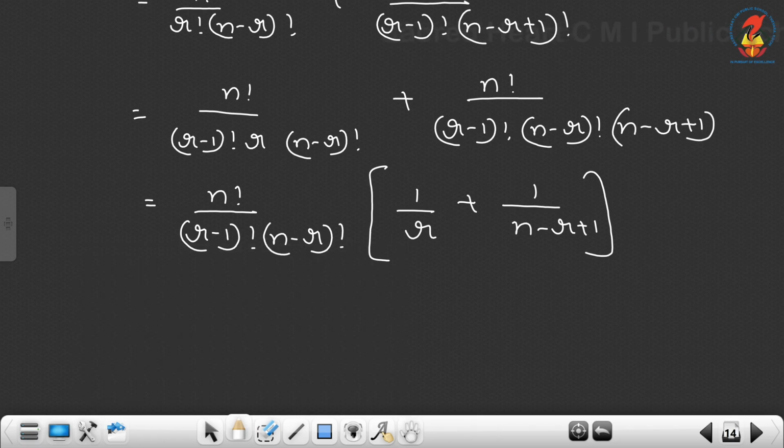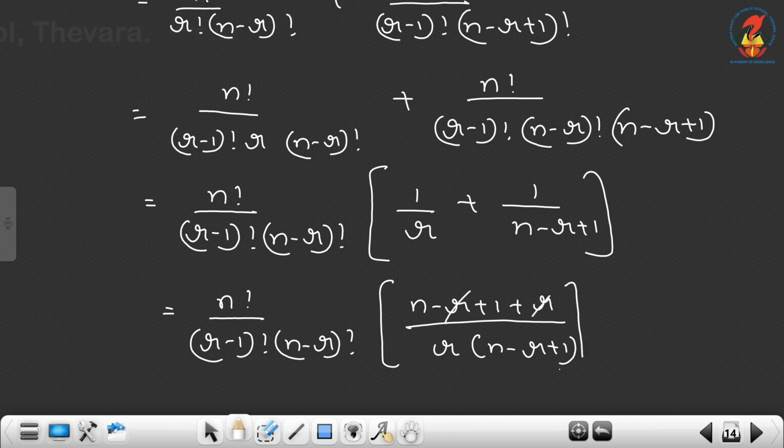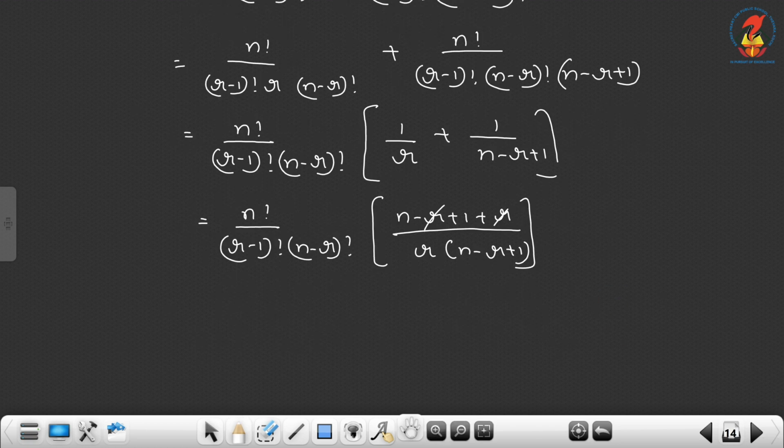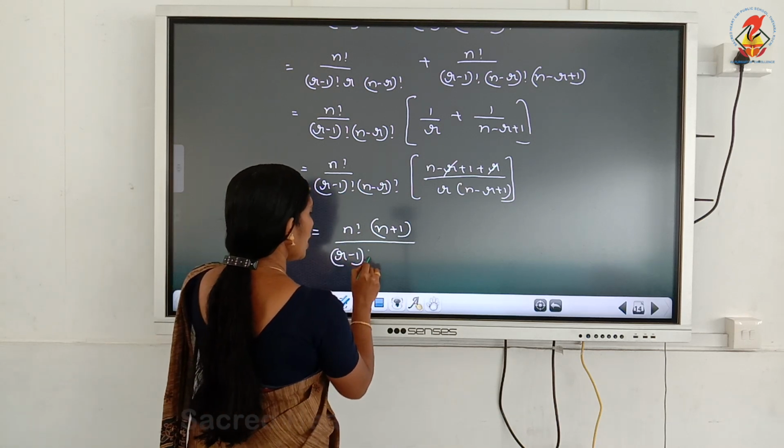Now solve the bracket. (r minus 1) factorial into (n minus r) factorial, (n minus r plus 1 plus r) by r into (n minus r plus 1). r and r cancel. Okay. So (n plus 1) factorial, sorry, I'll write in the next step. n factorial into (n plus 1) by, here don't multiply, we write together, that is (r minus 1) factorial into r.